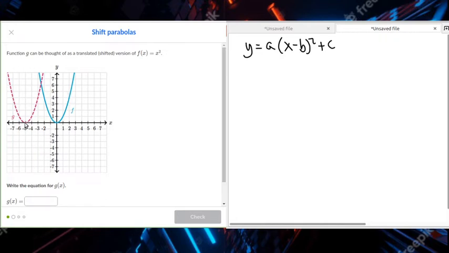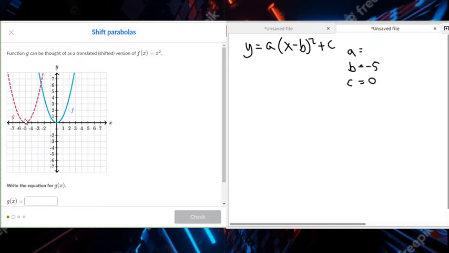Here we have moving in a negative direction, negative 5. So our b is equal to negative 5, and I don't move on the y-axis, so c is equal to 0, and of course our a is 1 here.